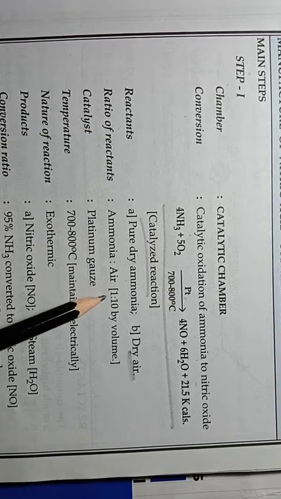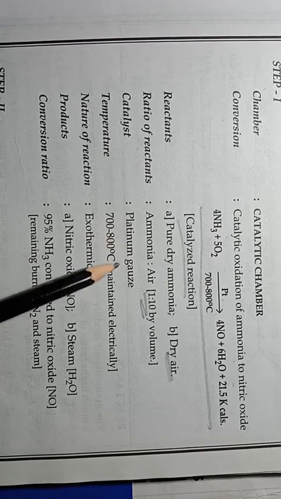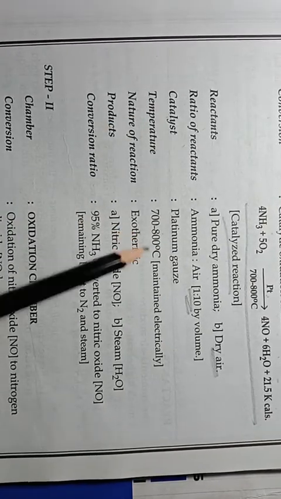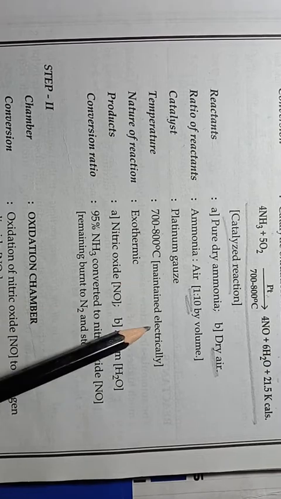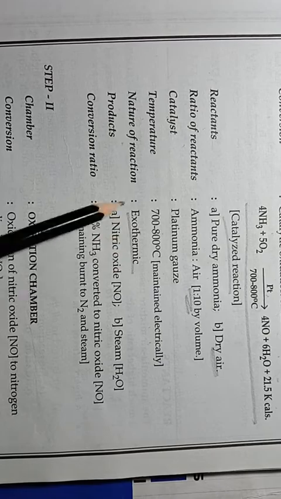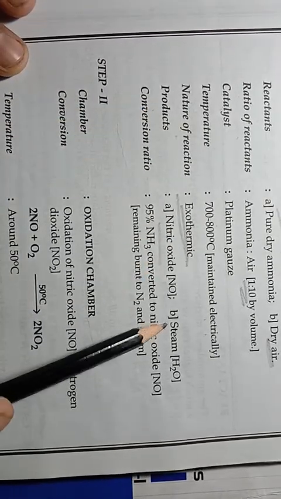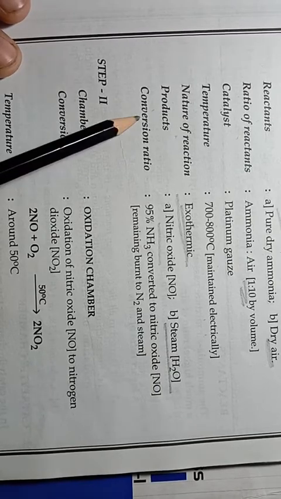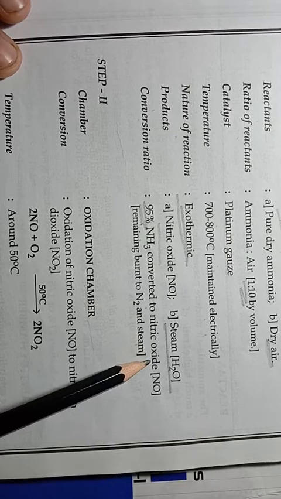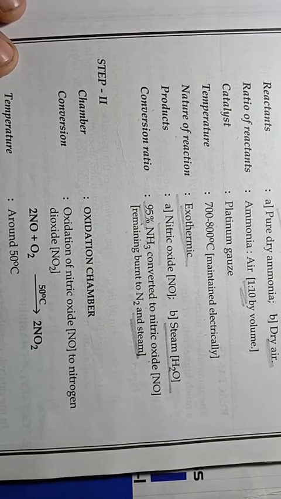Ratio of reactants 1:10 by volume, catalyst platinum gauze. Temperature 700 to 800 degrees Celsius, and it is maintained electrically. The nature of reaction is exothermic. Products: nitric oxide plus steam as byproduct. Conversion: 95% of ammonia is converted to nitric oxide, and the remainder is burnt to N2 and steam.